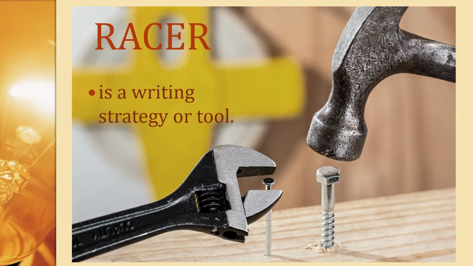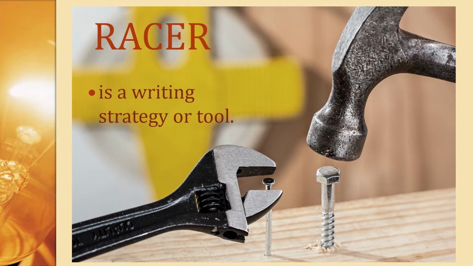So now I really like this photo here, okay, because it shows how using the right tool for the job is very, very important, okay? So RACER, being a writing strategy, is a tool, okay? And it is a tool for us to use at the appropriate time or for the appropriate task. And I like this photo because it shows two tools, but the tools are incorrect for the task.